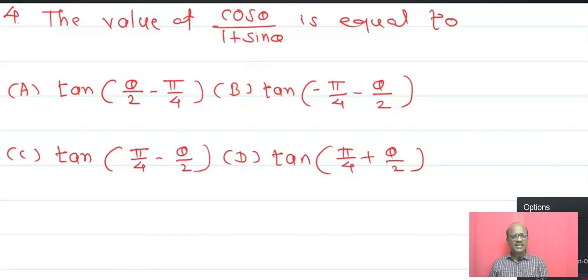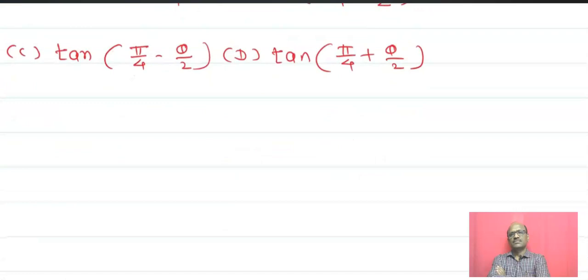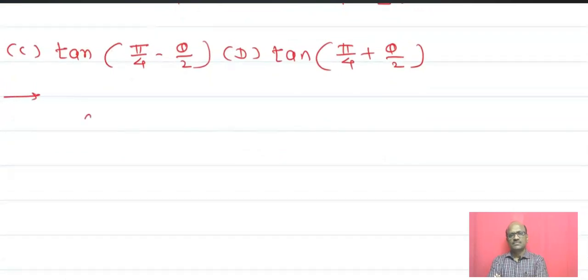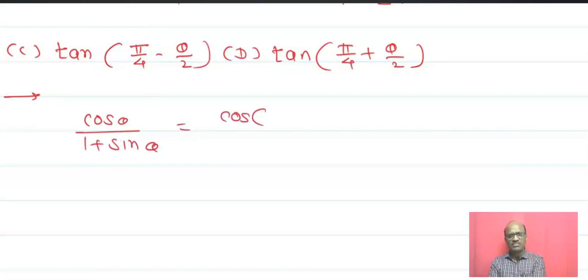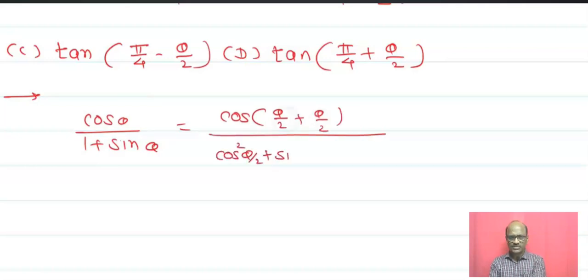Now see my steps, how I have solved that. Cos theta upon 1 plus sin theta I had written as cos of (theta by 2 plus theta by 2).